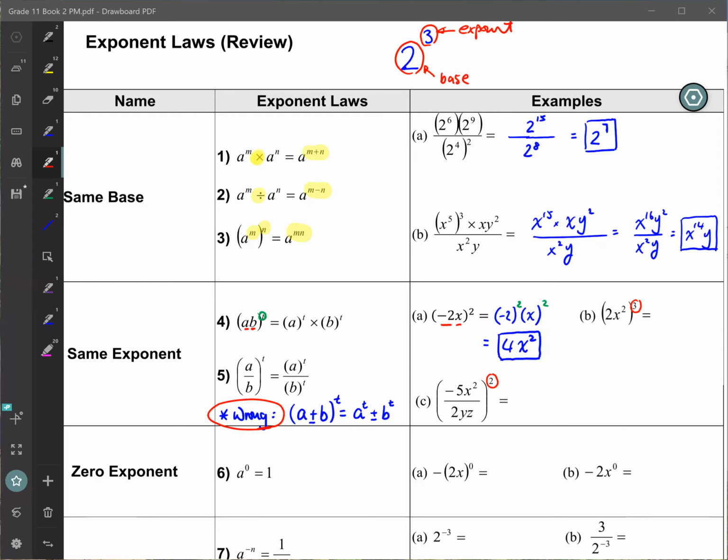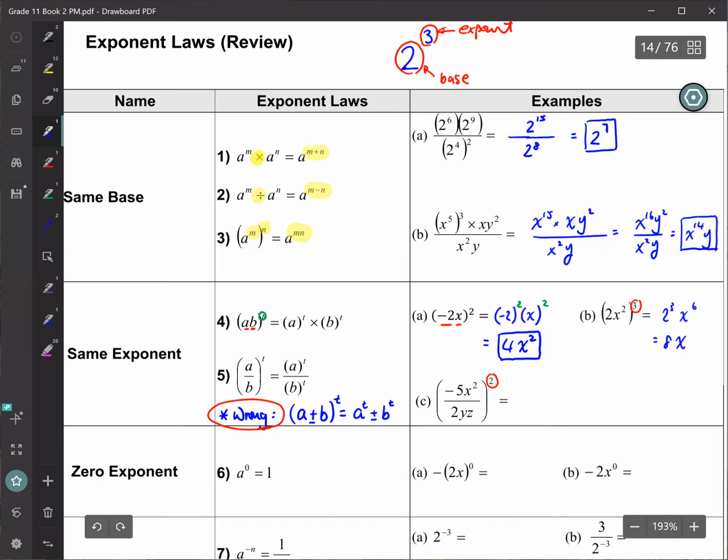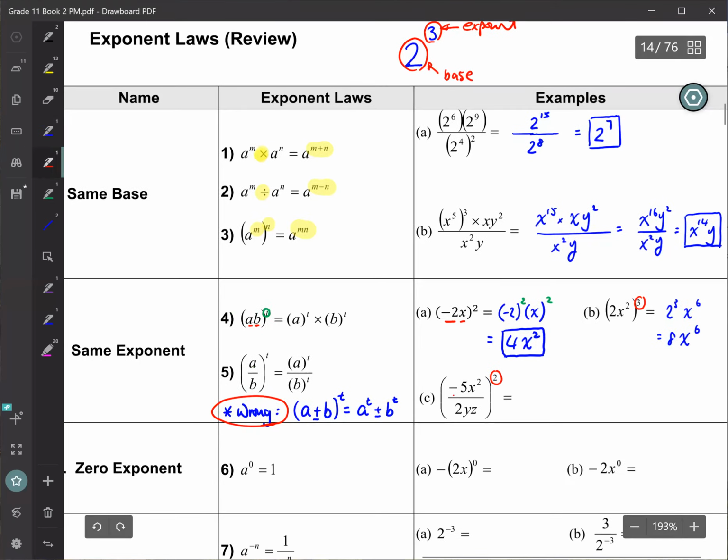Okay, Selena, what's your answer for B? 8x^6. Yeah, very good. So you get 2 cubed and then x to the 6 makes it 8x to the 6. Okay, next one, the square needs to share with 5 things there, right? We have -5, the x, the 2, the y, the z.